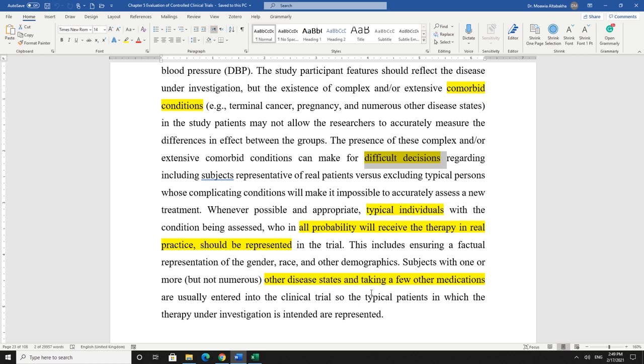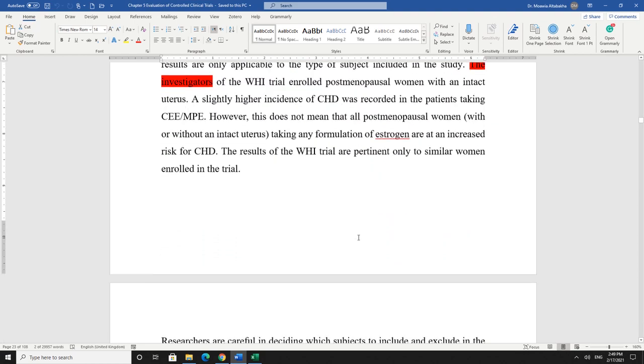Usually we do not include, for example, terminally ill patients, people with cancer, pregnant women, lactating women, okay, people with so many diseases that may affect the results of the trial. So we usually exclude them.